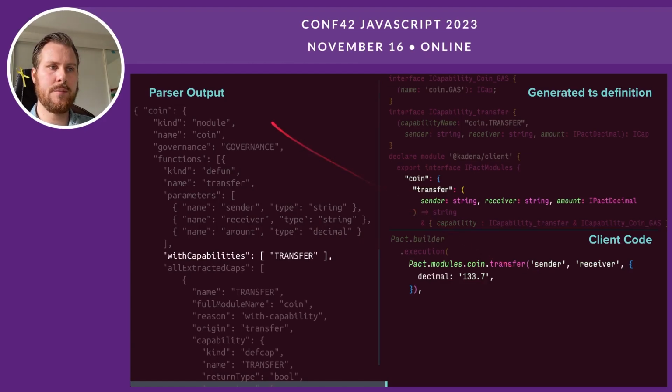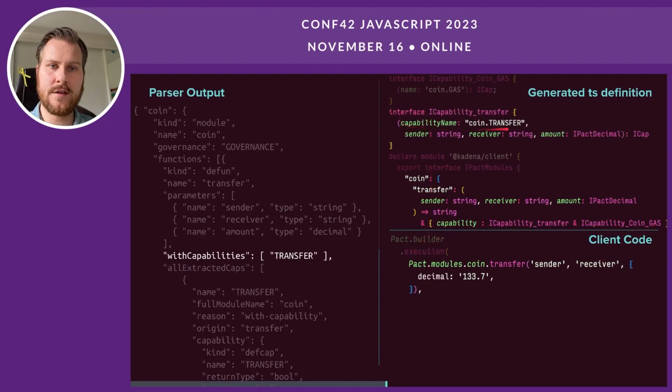Now, actually the parser output is a little bit bigger, because we also have the with capabilities. And in this case, this function introduces the capability transfer. Now the capability transfer is the one that we return from here, because that's going to be used in the wrapper function in the builder, in this case.